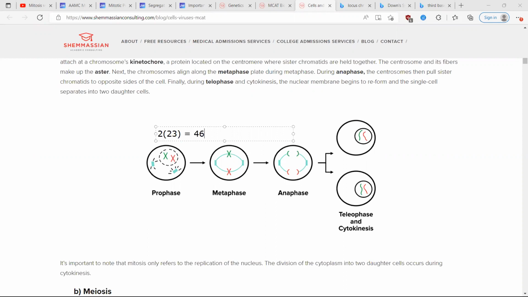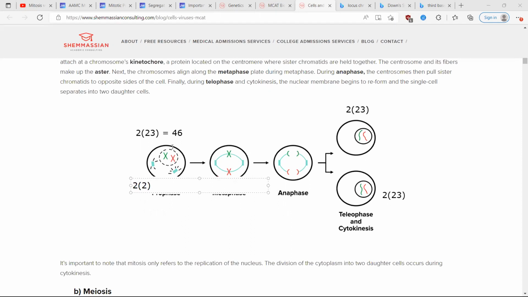So we have 46 chromosomes, and that's what 2n means. Here we also have 2 times 23 chromosomes, but in each new cell that we just made.